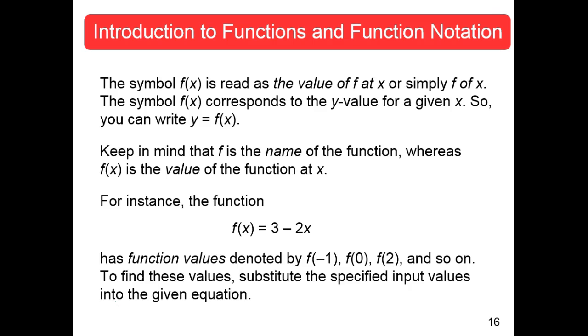Instead of x, negative 1 takes the place of x, so you put negative 1 in place of x here. So what would that give you? 3 minus 2 times negative 1. What's negative 2 times negative 1? Plus 2. 3 plus 2 is 5. There you have it, f of negative 1 would be 5.